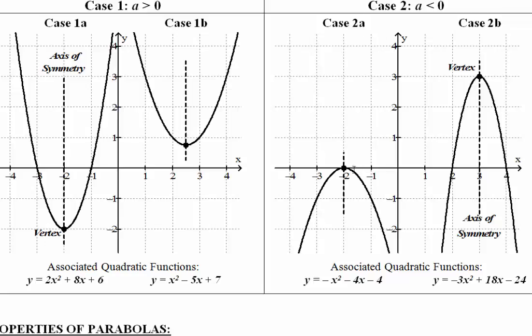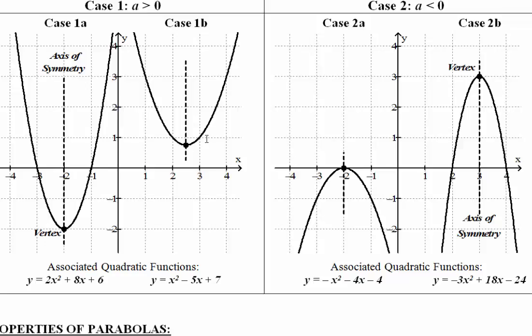In case 2a, the vertex is a maximum value, right? So if the parabola opens up, we have a minimum value for the vertex. If the parabola opens down, we have a maximum value for our vertex. So our vertex looks like 0, -2, and this vertex for 2b is 3, 3. Okay.